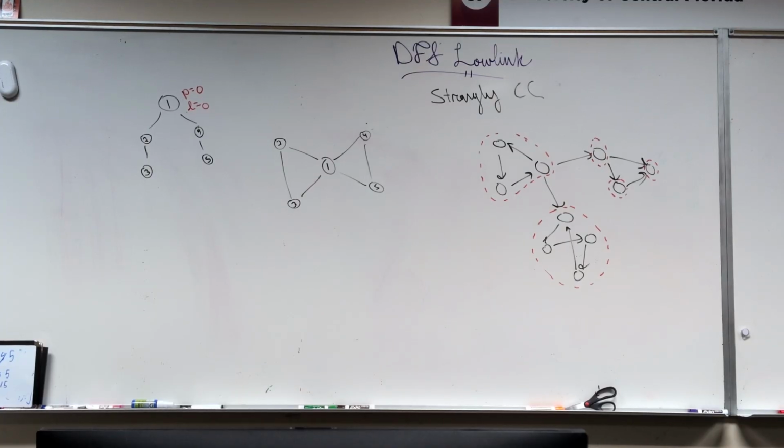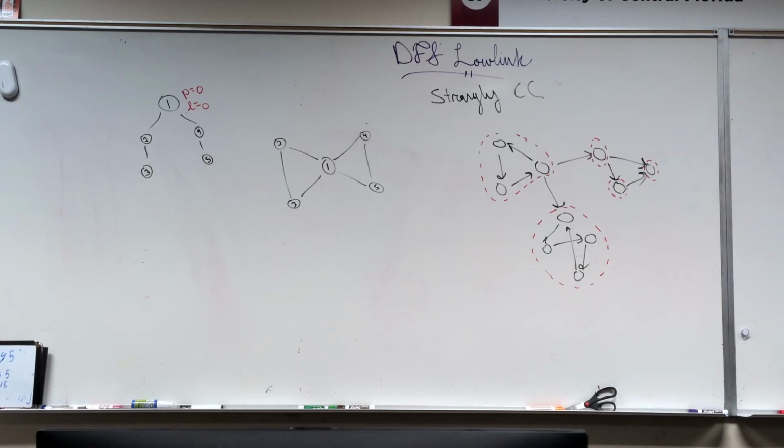With the previous two algorithms we talked about, a big implication was that every edge that we take is either going to be a part of our DFS tree or a back edge. And that is only true because of the graph being undirected.